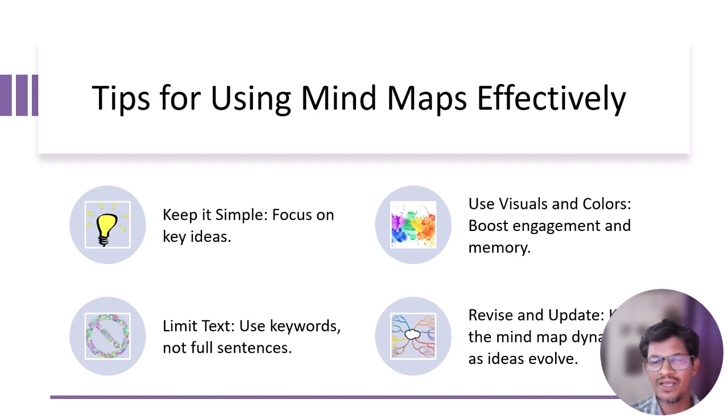Since we are creating a mind map, we should limit the text to a few words, such as keywords. And then we can revise and update these mind maps at any point of time, so that they give good ideas, so that we can evolve the mind map and remember it very easily.